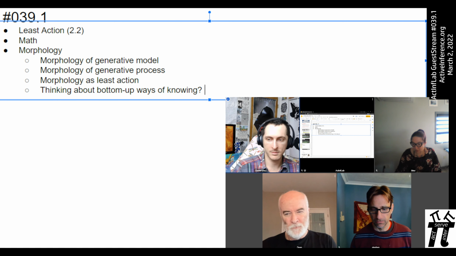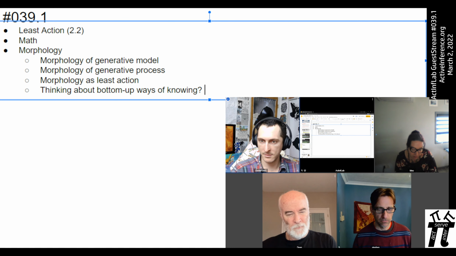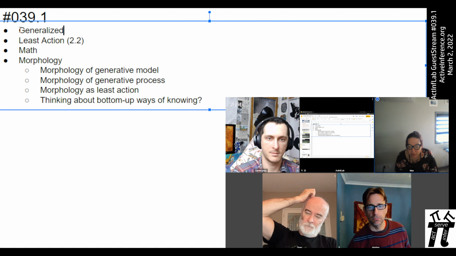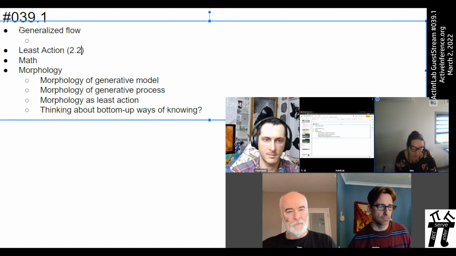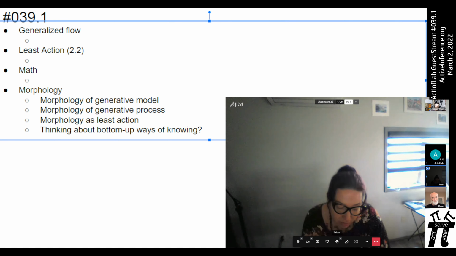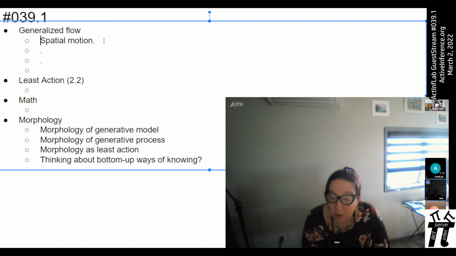Okay, Blue. So I have some questions going back even to before least action in the paper, talking about generalized flow. And it's really interesting, just in light of the paper that's coming up in number 40. Here, we're talking about spatial motion, or the foundation for the way that they model morphogenesis is positions of particles through space, right?